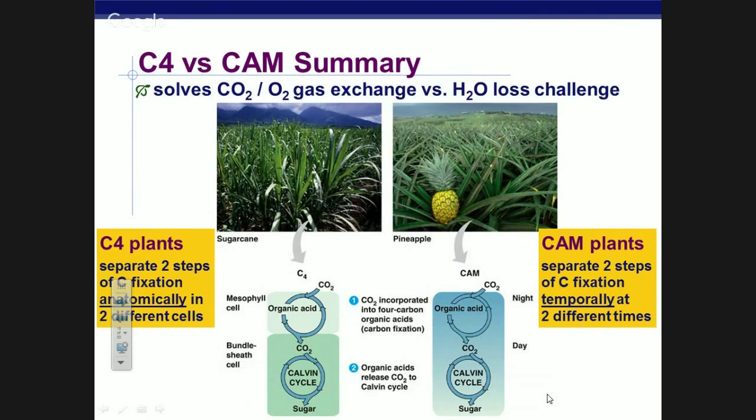Fix, store. They physically can't undergo the Calvin cycle at night because there is no ATP and NADPH since there are no photons, right? So they just store all this organic acid. During the daytime, they close their stomata. They extract the CO2 from what they fixed at night, then they can run the Calvin cycle. So they separate the fixation of carbon from the Calvin cycle by time of day.